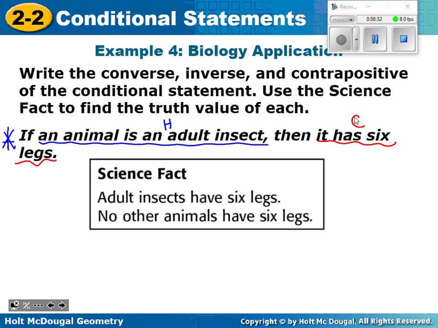Good, so now we're coming down here to the end, but we're negating. So if an animal does not have 6 legs, comma, then it is not an adult insect.